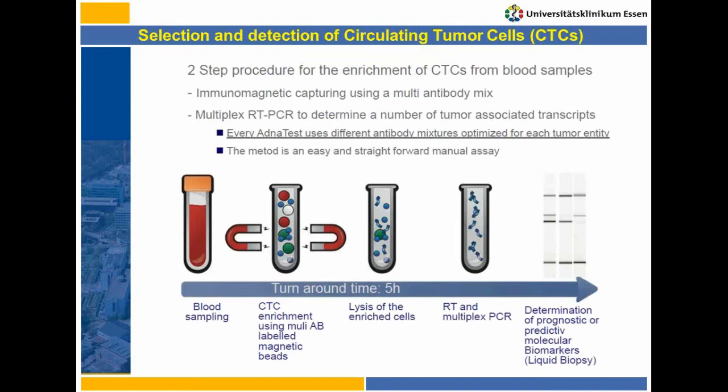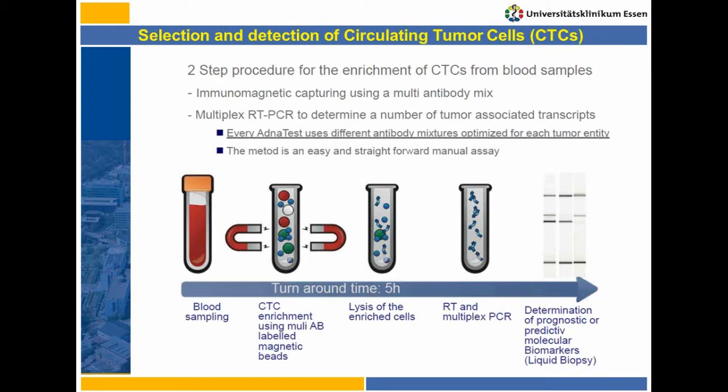So you take the blood, incubate the blood with the magnetic beads for about half an hour, and then you put them at a magnet, select the positive bound cells. You lyse the cells, you do RT-PCR, the multiplex PCR, and from the start, from sampling to detection, it's about 5 hours.